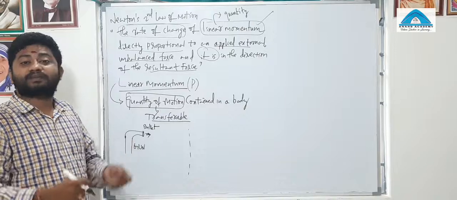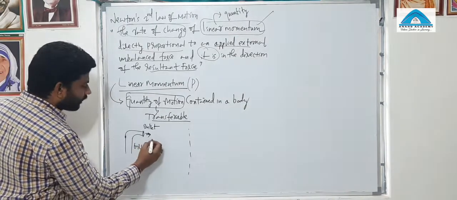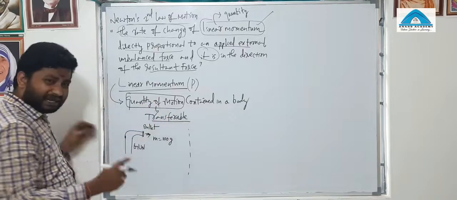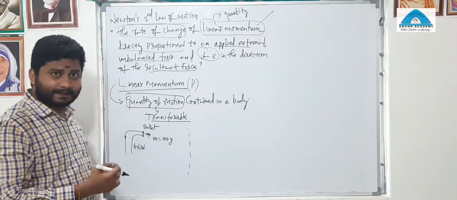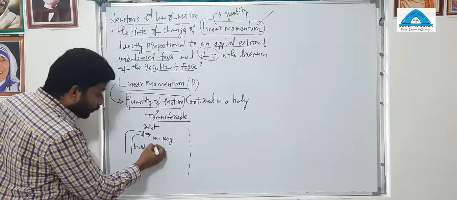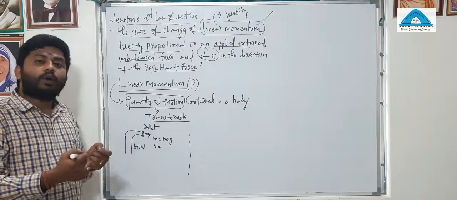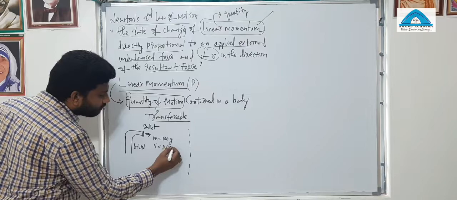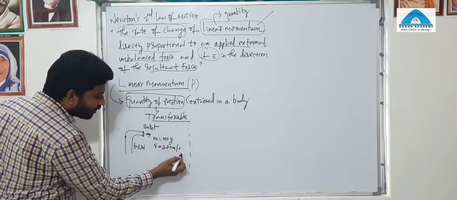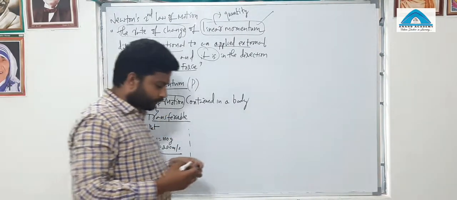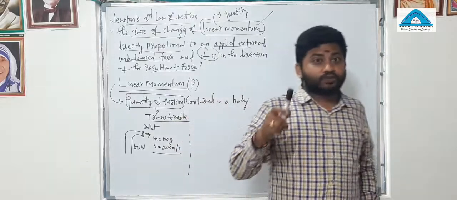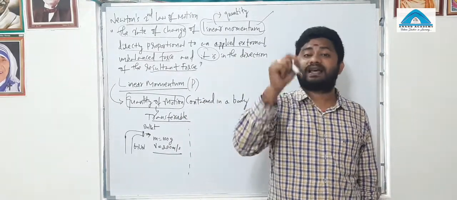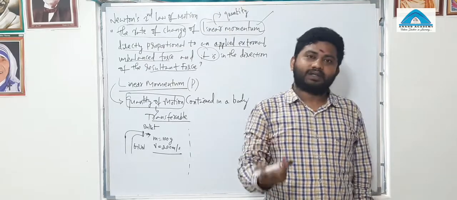Let's say the mass of the bullet is 100 grams, which is very, very less. And this bullet is moving with a speed of 200 meters per second. So the bullet is moving, which means it will have some mass and also some velocity.